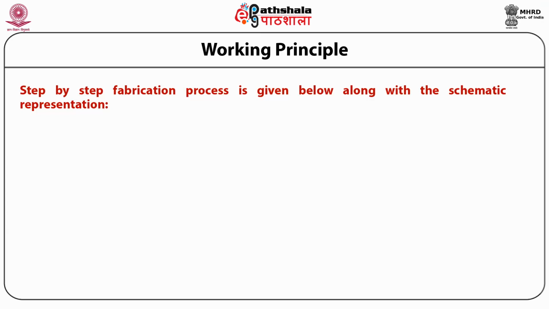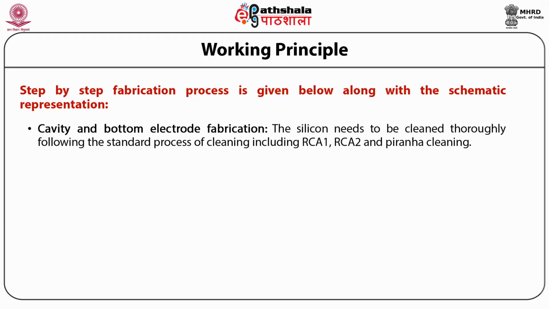with the schematic representation. So the first step is cavity and bottom electrode formation or fabrication. The silicon needs to be cleaned thoroughly following the standard process of cleaning including RCA1, RCA2 and piranha cleaning. This cleaning should be carried out before the processing of the wafers.